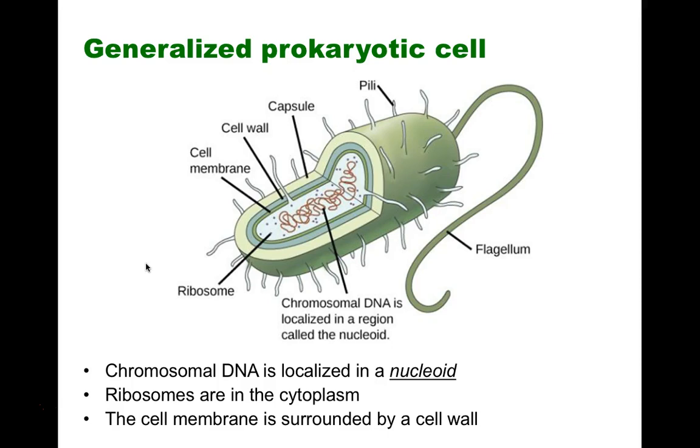Nucleoid is the term that's used to describe the location of all the genetic material in the form of a chromosome in a prokaryotic cell. For some prokaryotic cells, it's not the only source of DNA, but it is the principal or major source of hereditary material for the organism.